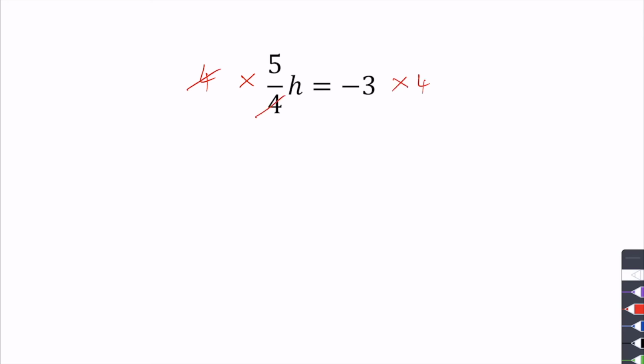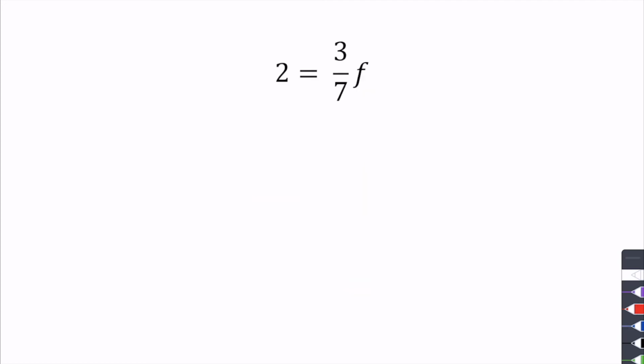So my 4's cancel there, and I'm now left with 5h is equal to minus 12, because minus 3 times 4, negative number multiplied by positive number gives you a negative number, and 3 times 4 is 12. And now what I'm going to do is I'm going to divide by 5 on both sides. Those 5's cancel quite nicely there, and I'm left with h is equal to minus 12 over 5.